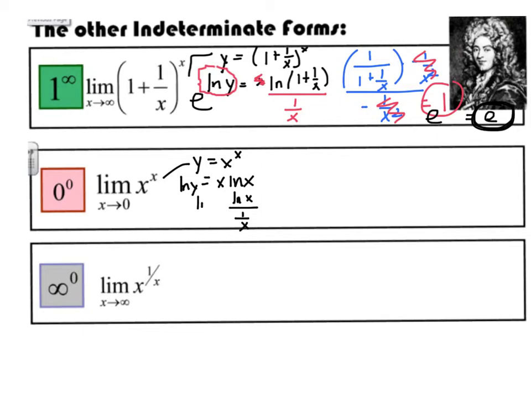Okay, L'Hopital, 1 over x, negative 1 over x squared is the bottom. Now this doesn't seem to help us, but I want you to think about this. If we do 1 over x and multiply by the reciprocal, negative x squared over 1, that's just negative x.